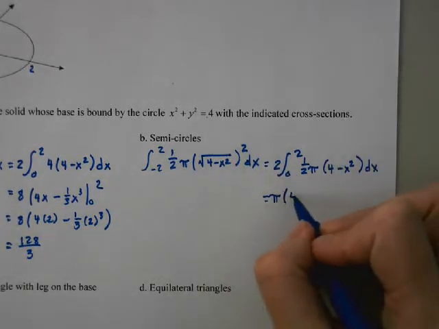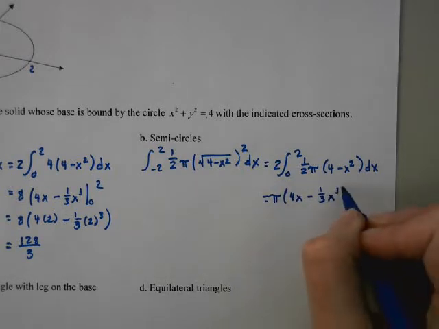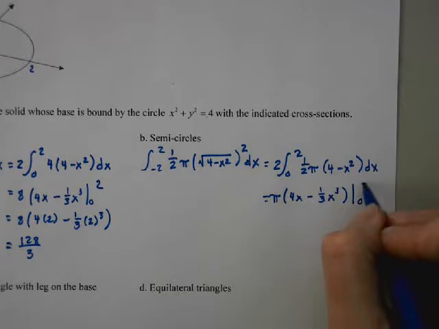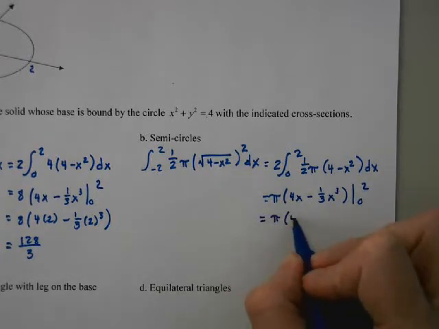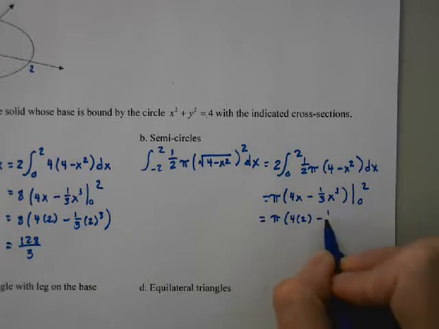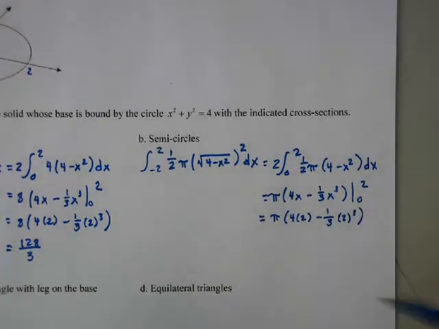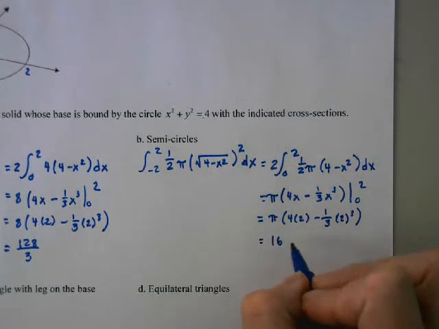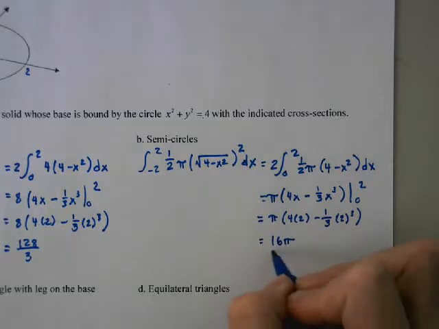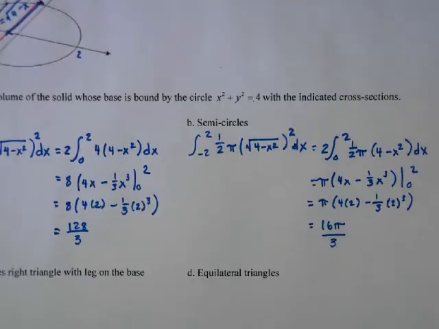And then on the inside, we're going to have 4x minus 1/3 x cubed, evaluated from 0 to 2. So we get 8 minus 8/3 again times pi gives us 16 pi over 3. And again, you can use your calculator to help you with that.